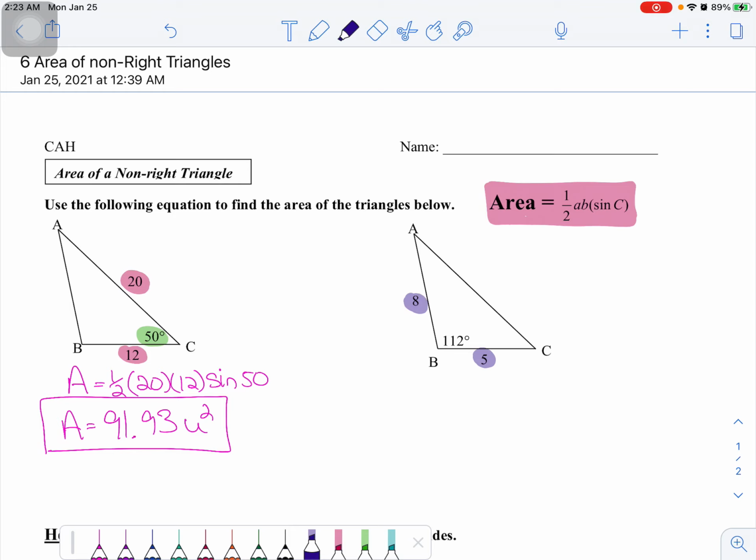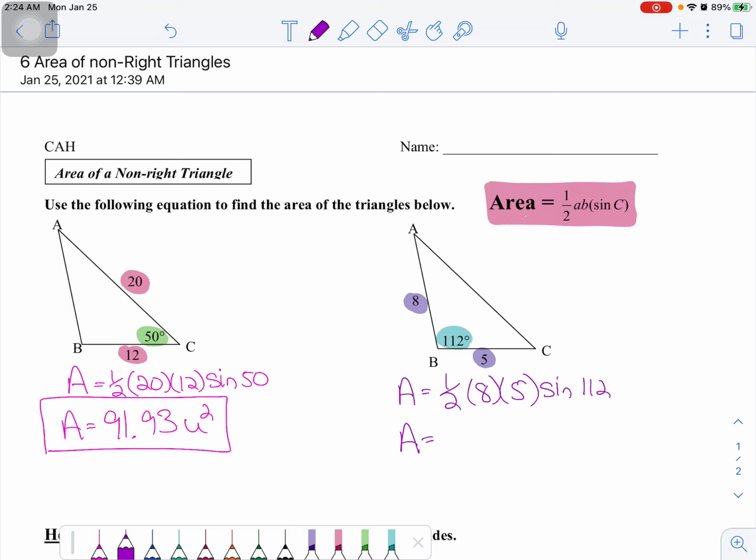So the next problem, again, we know two sides and we are given the included angle. So set up the equation here for area. Area equals 1/2 one of your sides times the other side times the sine of the included angle. So whip that directly into a calculator.